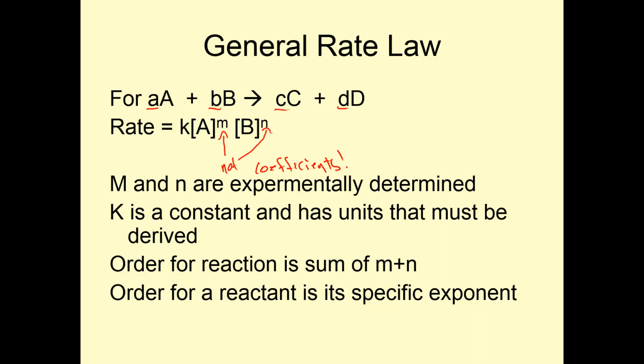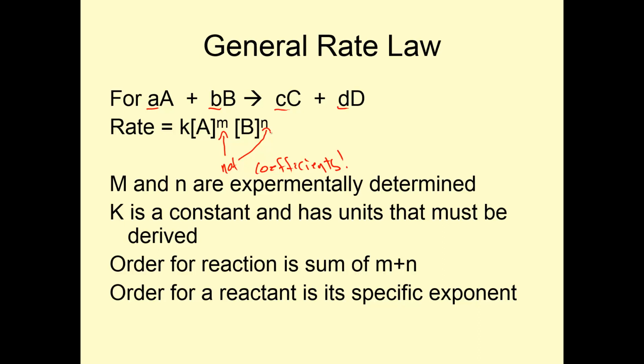Now, they might be, but I don't want you to think the coefficient determines that rate. It does not determine the rate. How do you determine those exponents? How do you determine any rate? By experiment. Can you tell that's the trick question? Right? The only way you can determine the rate of a reaction is by experiment.